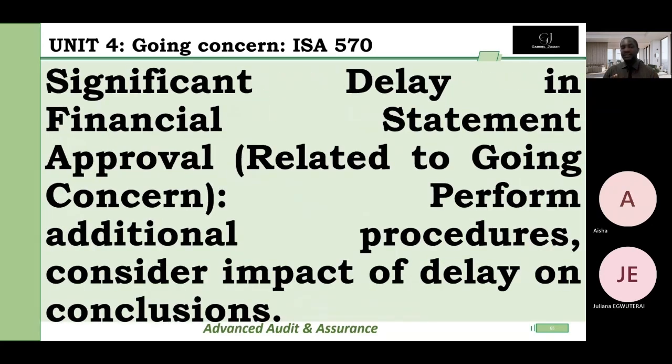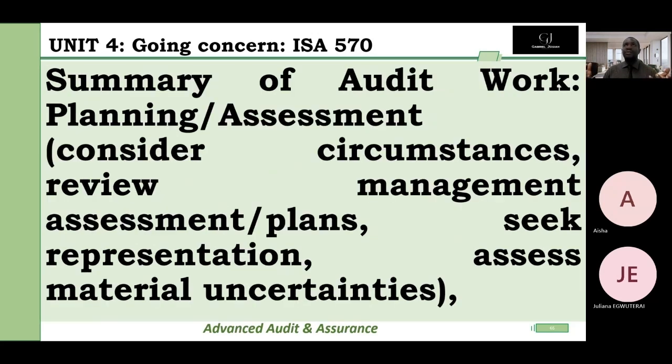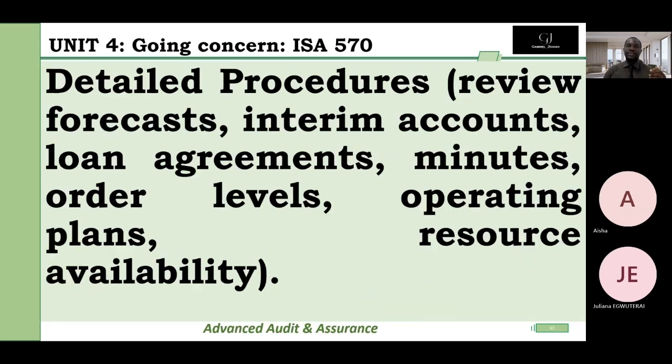So significant delay in financial statement approval related to going concern, performance of additional procedures, we need to consider the impact of delay on our conclusion. So the summary of our audit work based on going concern status is our planning, assessment. We need to consider circumstances, review management's assessment and their plans. We need to seek representation and assess the material uncertainties that we have issues with.